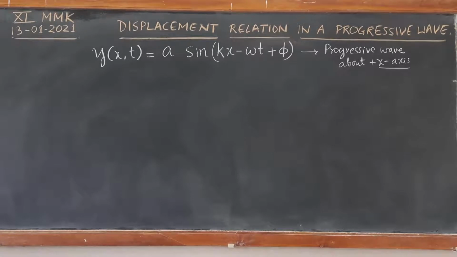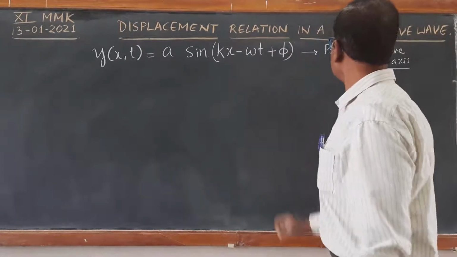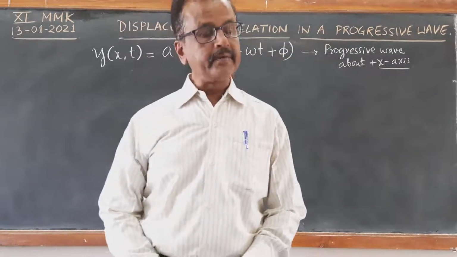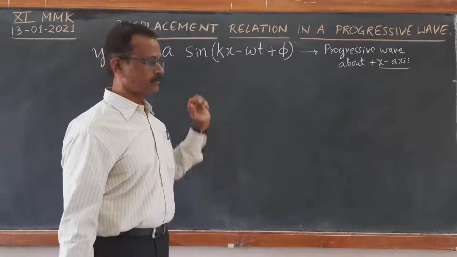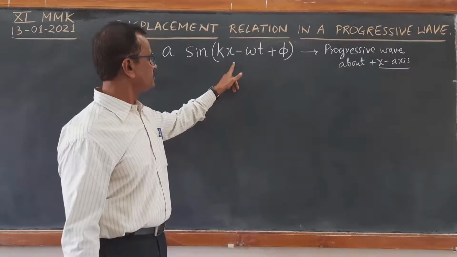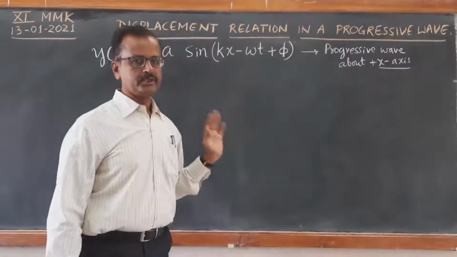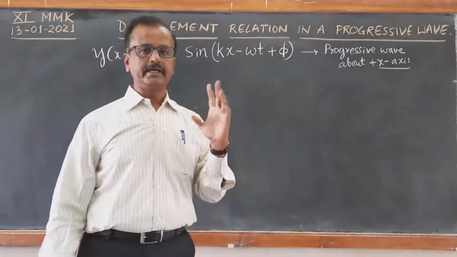To understand how this equation represents a sinusoidal harmonic progressive wave, a sinusoidal traveling wave, it should be a function of time as well as a function of position, and it should show that the particles of that medium are oscillating harmonically.